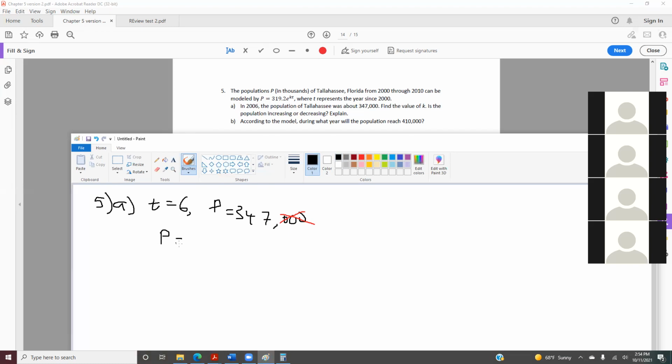P equals 319.2 e^(kt). And try to solve for K here. That's what the first question is asking for.